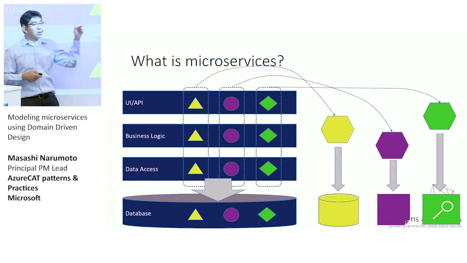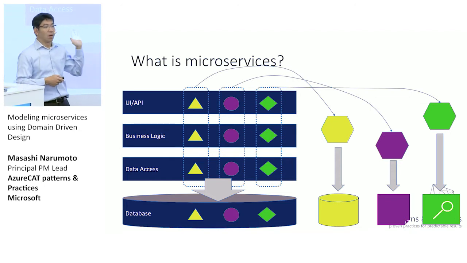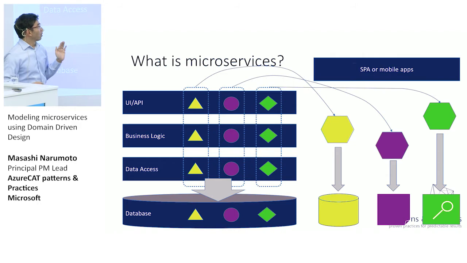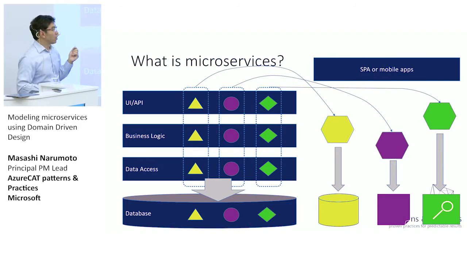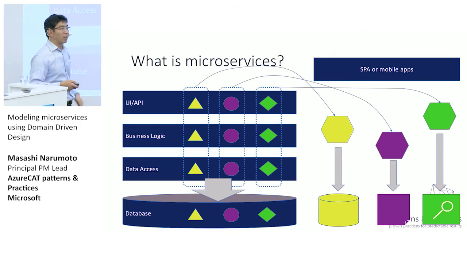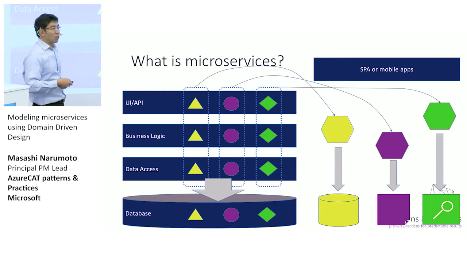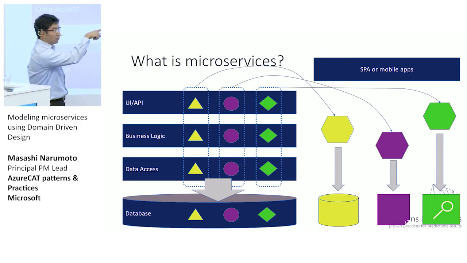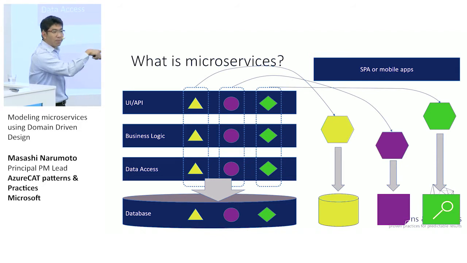And it will be a group of services working together. And most likely, you will have single-page applications or mobile native as a client accessing through an API layer to the backend microservices. This is what we mean by microservices.